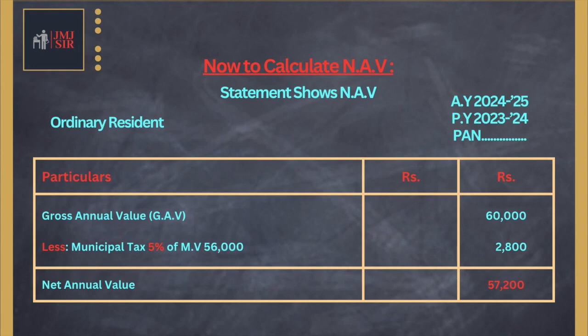On the right hand side at the top, assessment year 24-25, previous year 23-24, permanent account number, and in the table the starting point of the solution is the gross annual value which we have calculated, 60,000, less municipal tax which is 5% of the municipal valuation, 2,800, and finally the answer, net annual value, is 57,200.